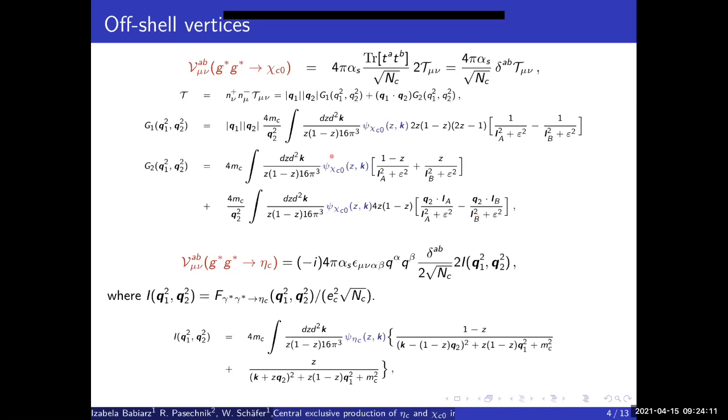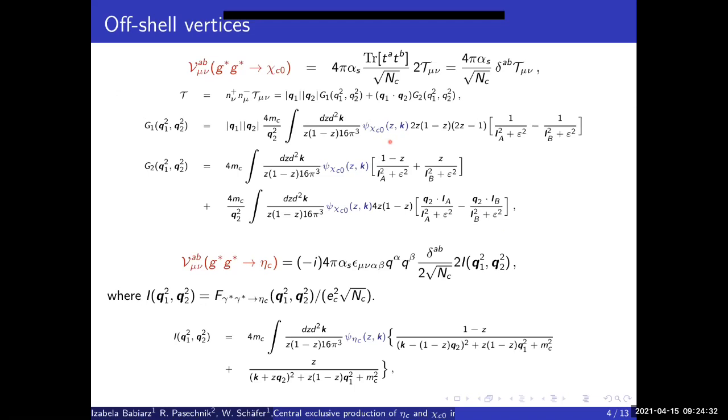And for the chi_c0, we need P-wave functions, and we derived these light cone wave functions for the c c-bar bound state in the approach based on potential models.